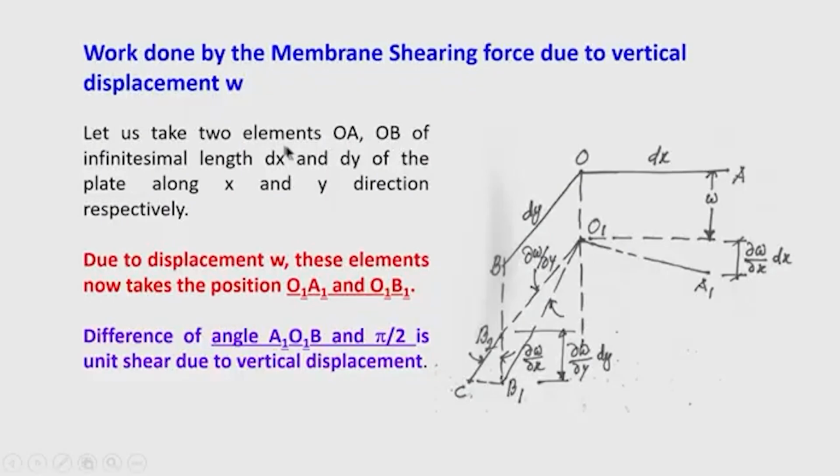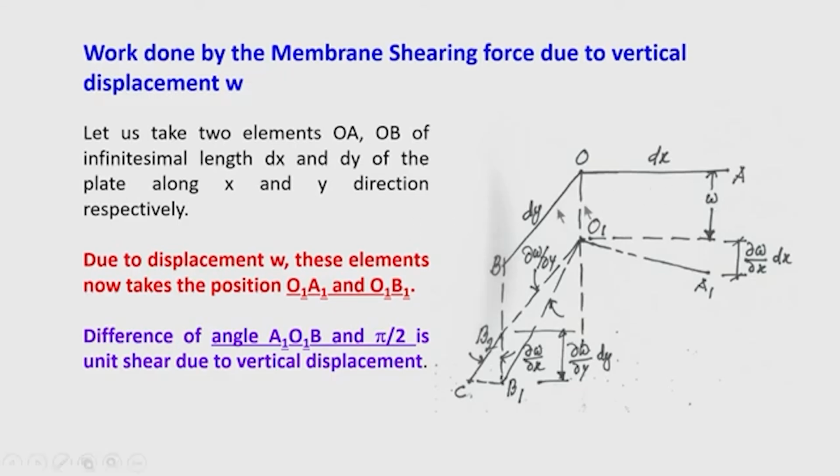Let us take two elements O A and O B. Here you are seeing that O A and O B are straight elements of the plate of small, infinitesimal length dx and dy. dx is the length of the element in the x direction, dy is the length of the element in the y direction of the plate. Let the plate undergo the deformation just at the buckling point W, that is not the deformation due to external load or the transverse load.